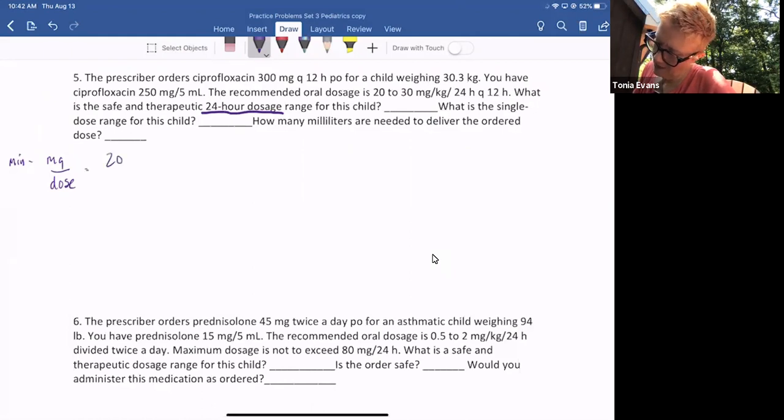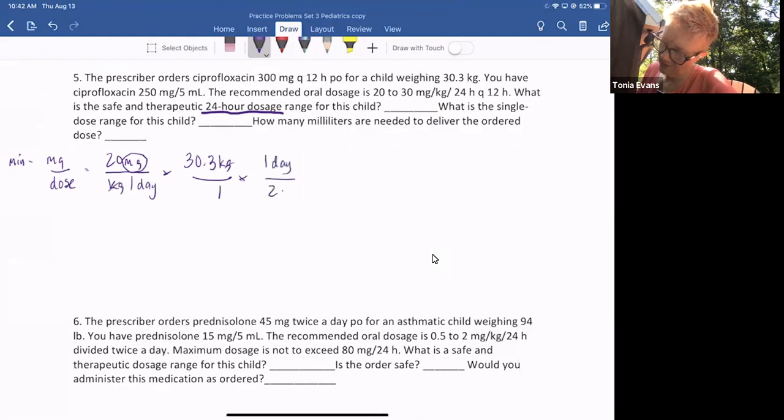So we have 20 milligrams per kilogram per day. And our child weighs 30.3 kilograms. And 1 day is 2 doses.